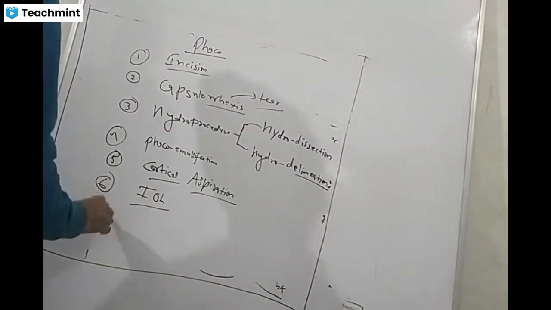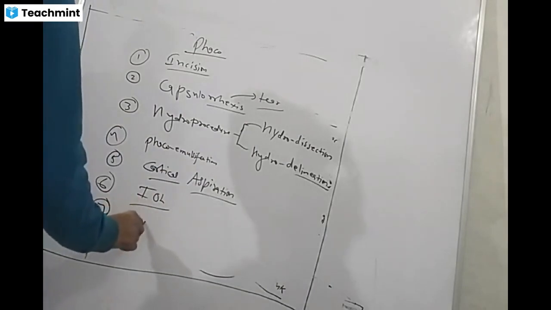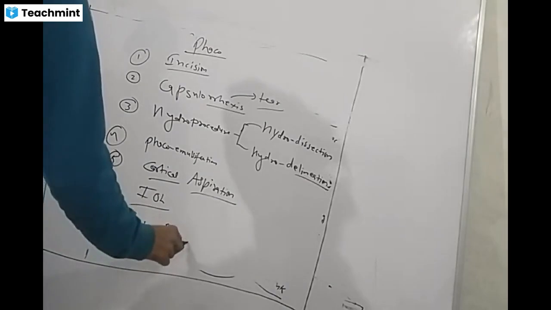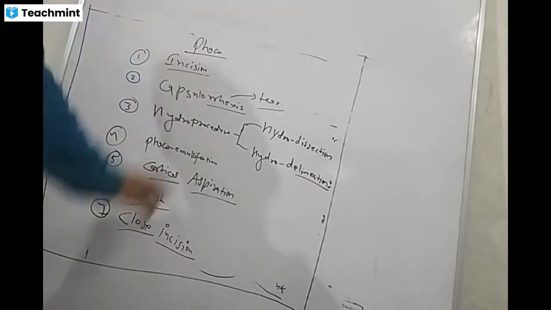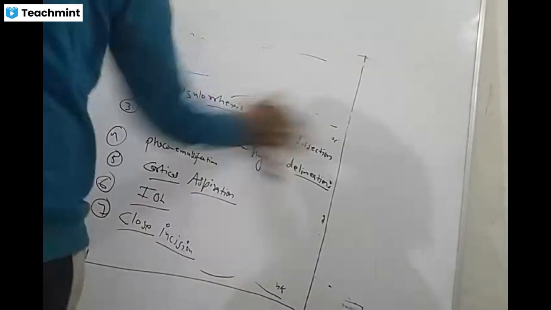Now you can place your intraocular lens, and after placing it, close the incision. So these are the steps. First we take the incision, at the end we close the incision. We'll look at these steps one by one.